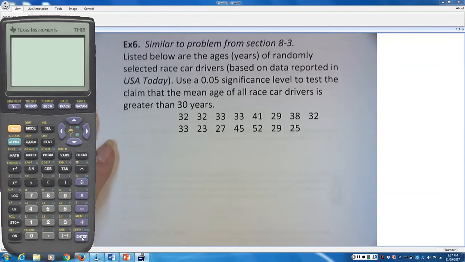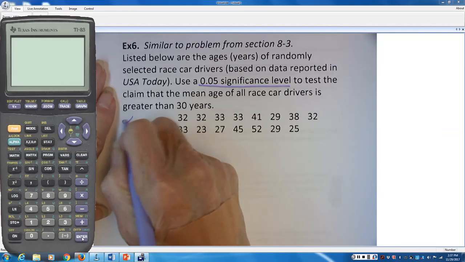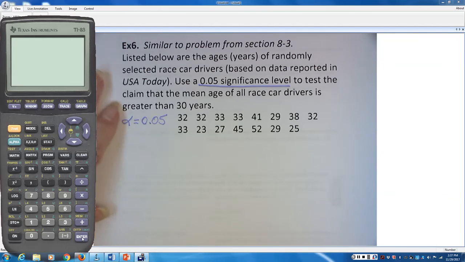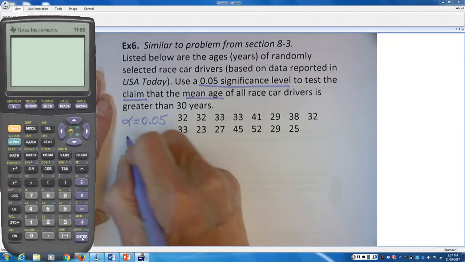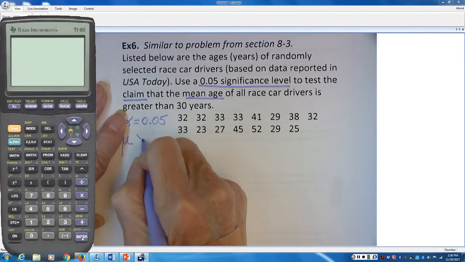Okay, we have one more problem and we're pretty much done. We have some data this time, so we're not going to have a lot that we can actually pull out of the problem. The things that we can pull out are a significance level and a claim, and the claim is about a mean: the mean is greater than 30 years.